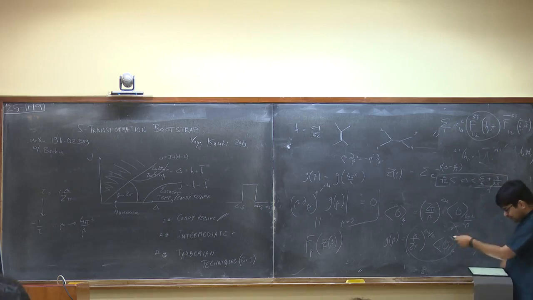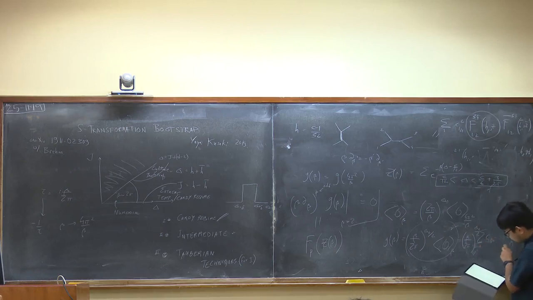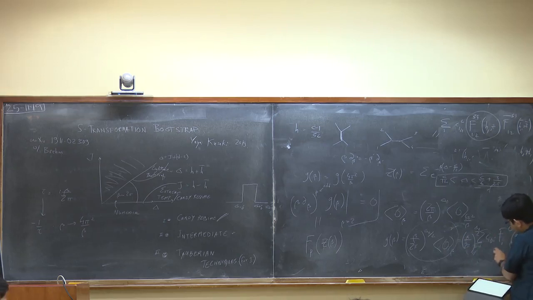If you break it down, this is beta over 2 pi to the power delta O by 2, sum over all OPE coefficients I, times the torus blocks with q and q bar. What we did is we used the large C torus blocks, which are known in terms of the hypergeometric functions.